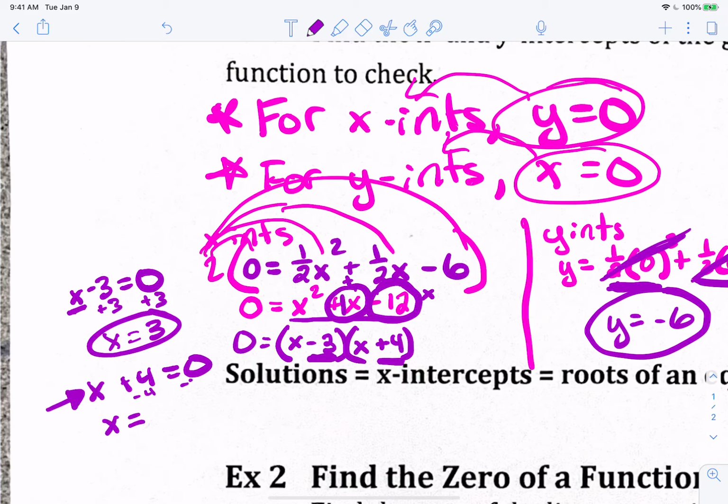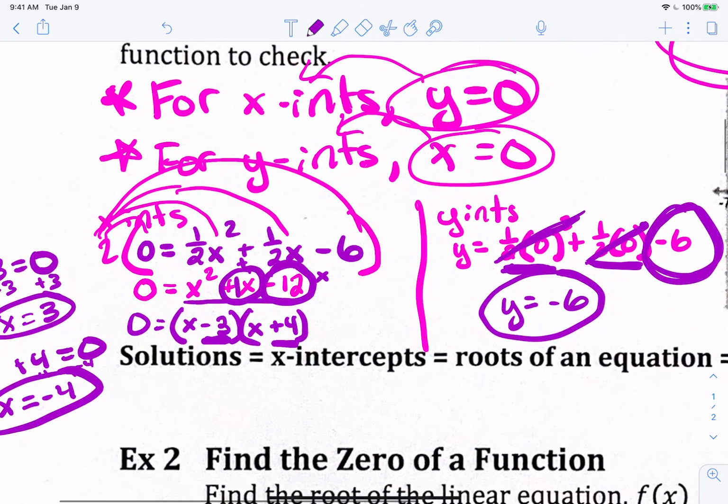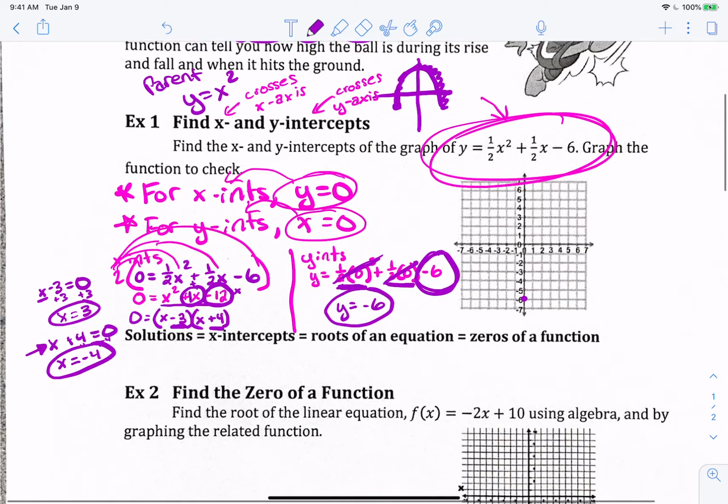I'm going to subtract the 4 over. So x equals -4. So what did I just find? The x-intercepts. So 3 and -4 are where it crosses the x-axis. I'm going to plot those over here at +3 and at -4, and it's going to go down like this. Something of that nature. That's what my parabola is going to look like.